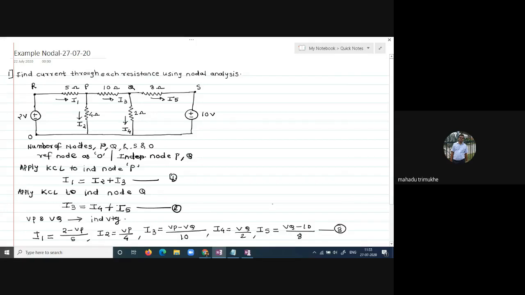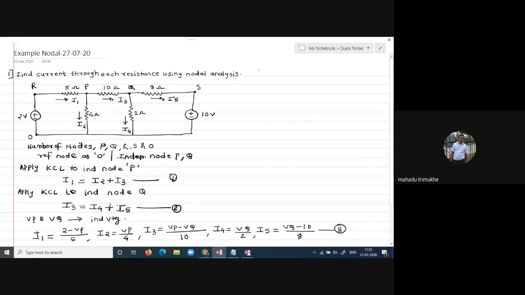Yes, we have to write the currents in terms of voltages. Rewrite equation number 1 in terms of voltage using equation number 3. We have to put equation number 3 into equations 1 and 2.